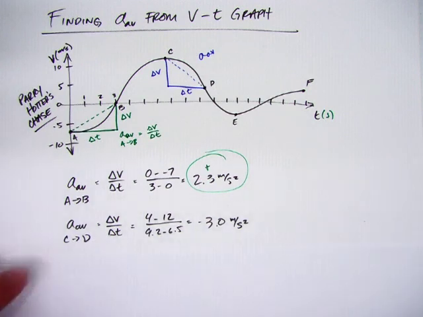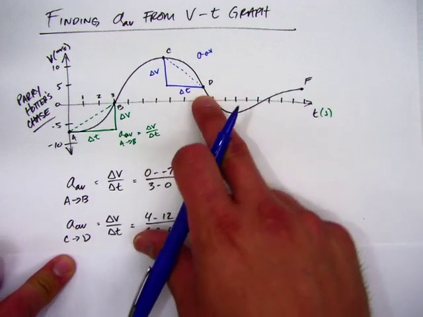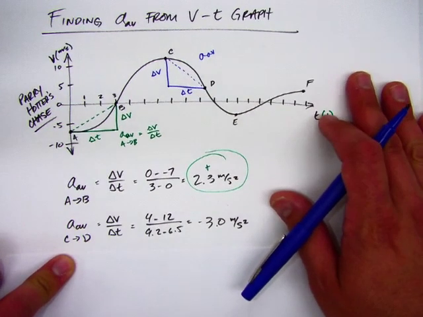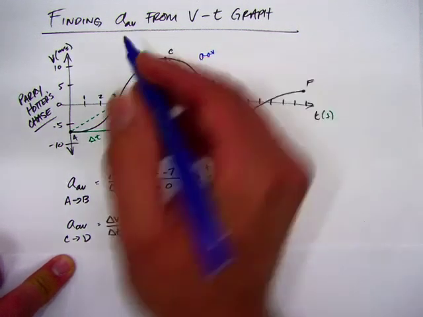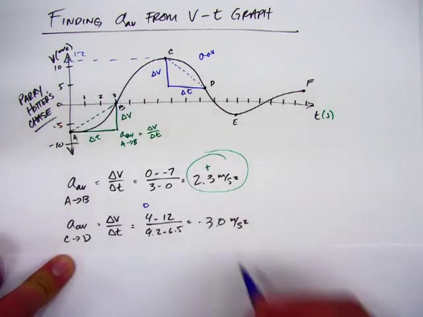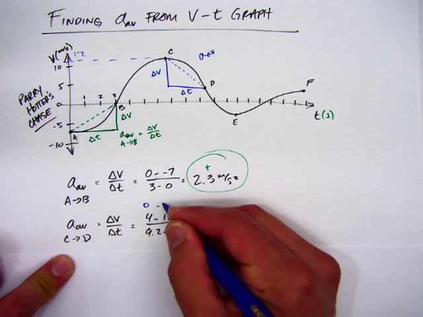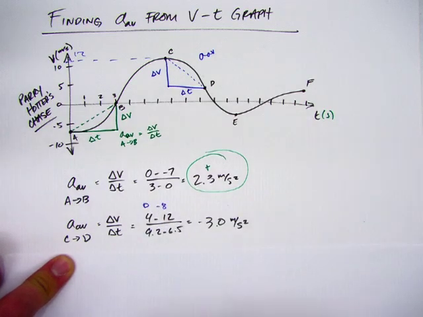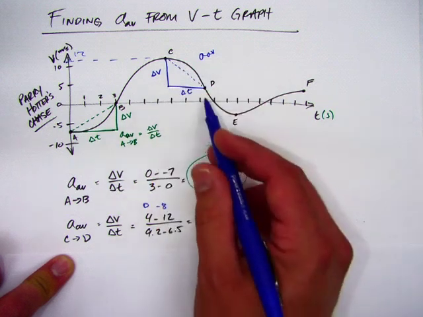So in this case, to find my average acceleration, I end at D with a velocity of about 4. That's a D. And I started at C with a velocity about 12. So I went from 12 to 4, so my delta V is -8. And the time interval is 6.5 to about 9.2.